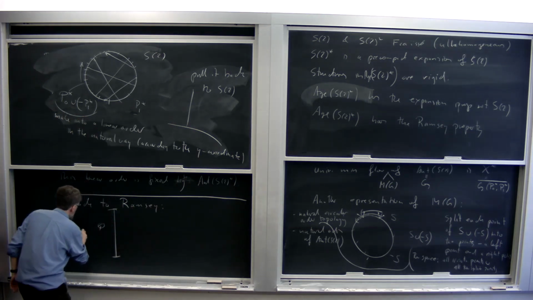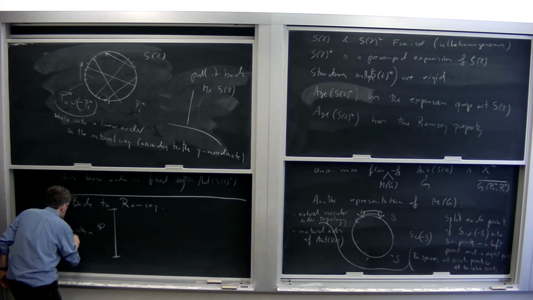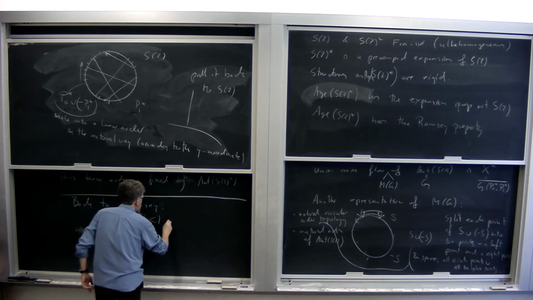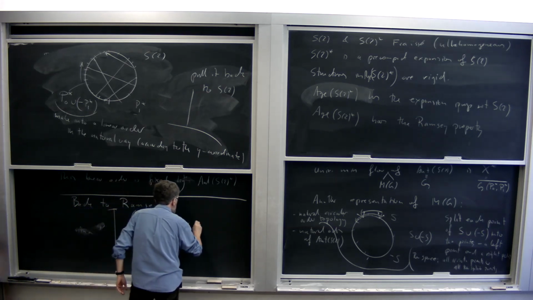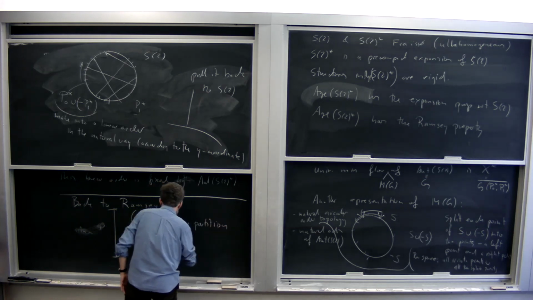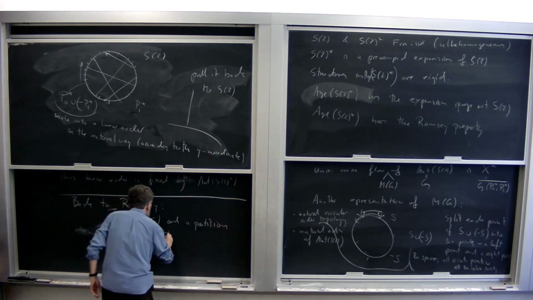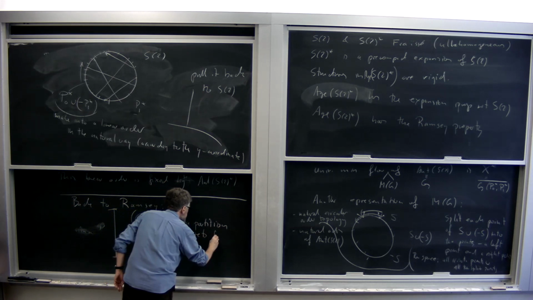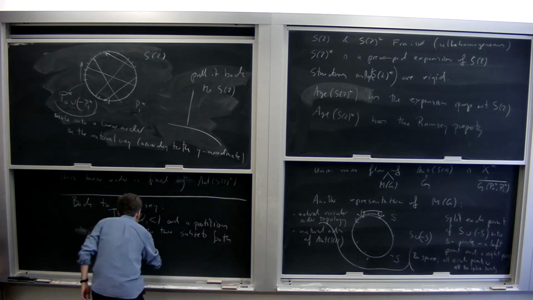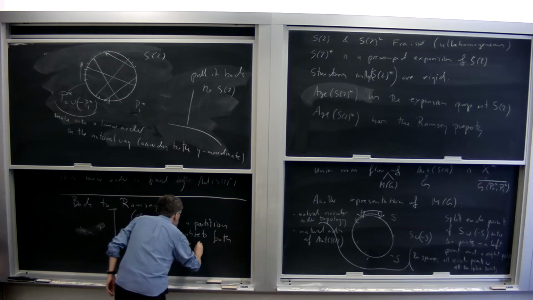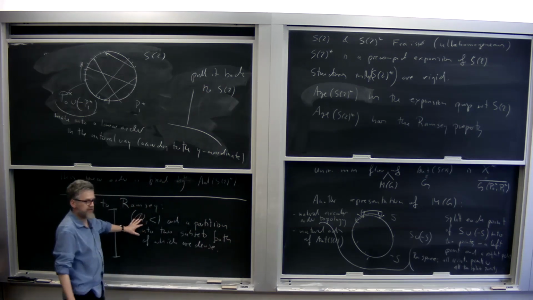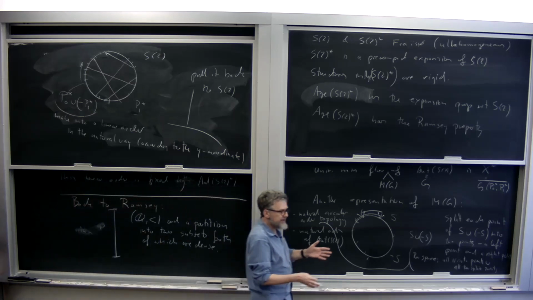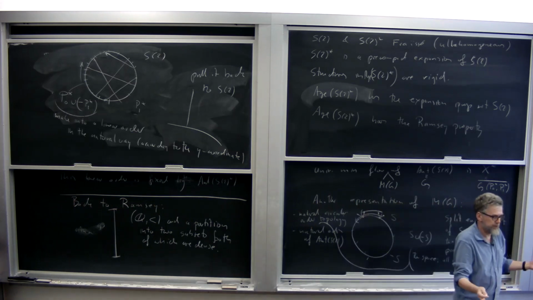So look at Q with a linear order and a partition into two subsets, both of which are dense. That's your structure. You prove Ramsey for finite linear orders that are partitioned into two sets.